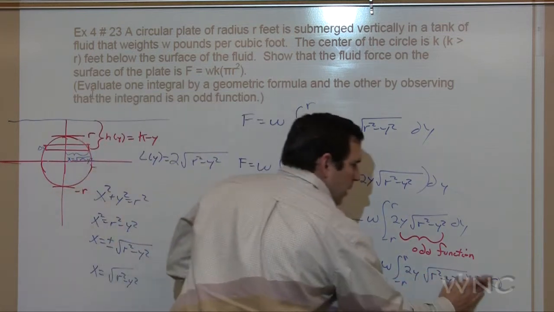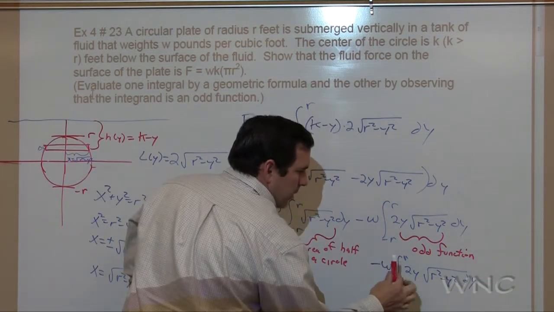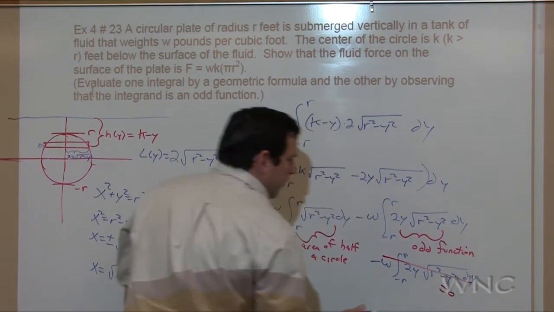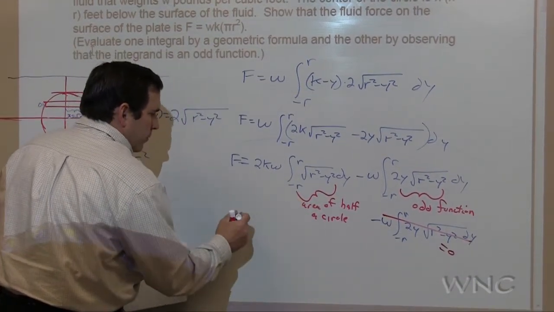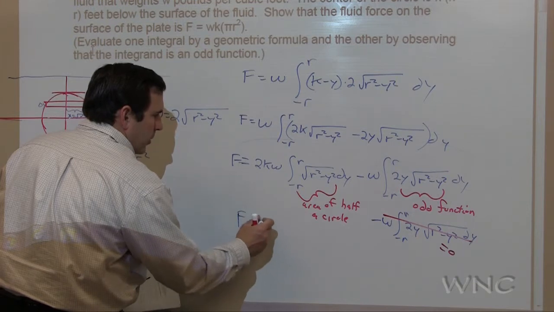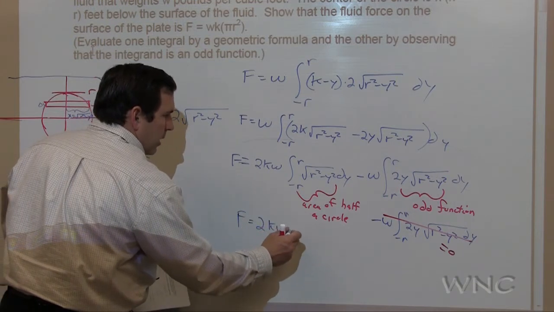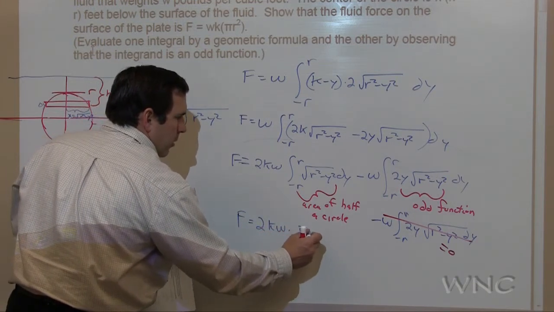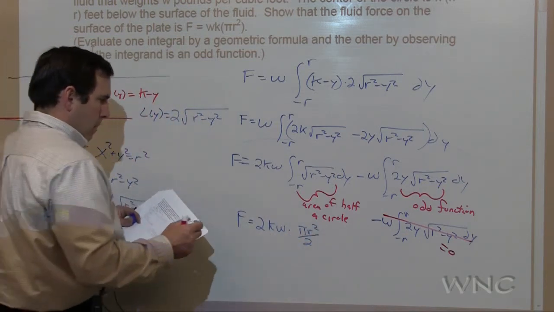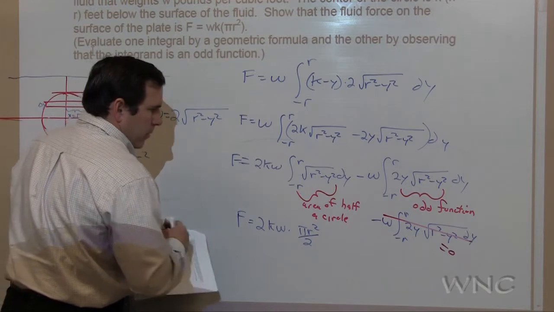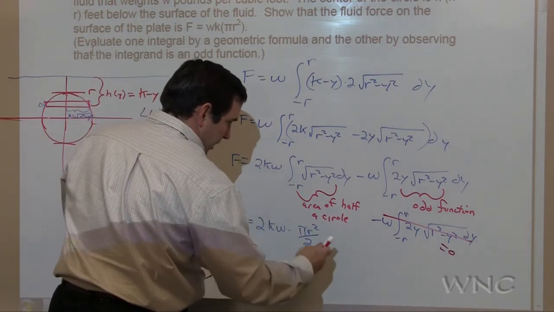I really want to stress that it's this half. This half is just equal to 0. This half, being a circle, is going to be 2kW times pi r squared over 2. And minus the 0 over here.